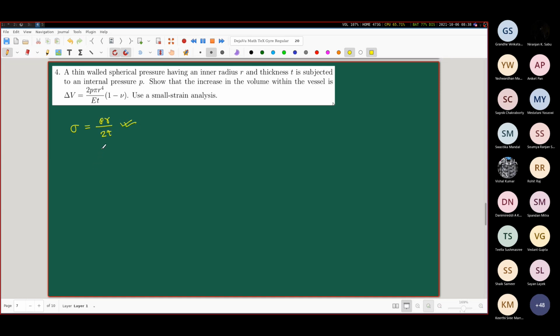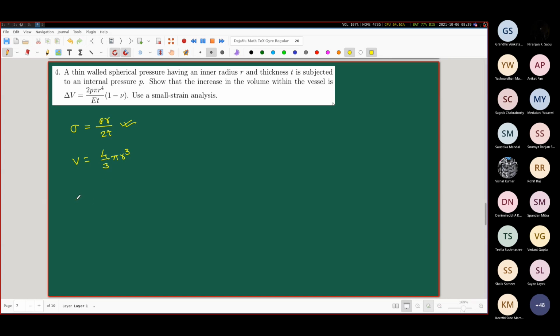If this question had been asked in terms of numbers, you would have been able to find out the numerical value of sigma. All right. Now, for the change in the volume, what do we need? Volume for a sphere is what? 4 by 3 pi r cube. Is it not?